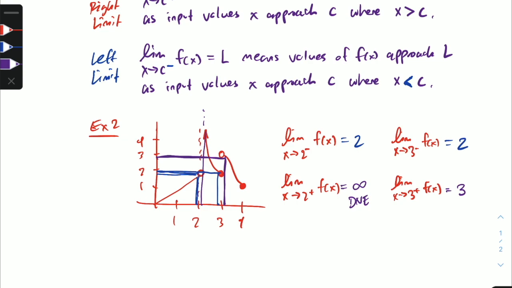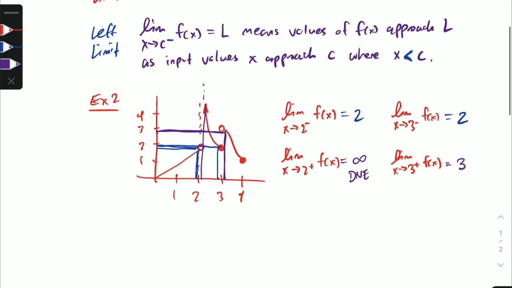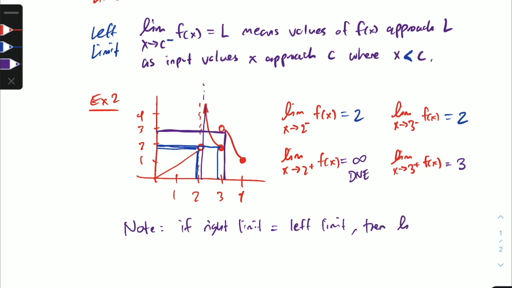Okay, so even though there's that jump there, we have right and left limits existing at 3. Just a note, if the right and left limits agree, then the limit exists. And it's that common value that they both go to.